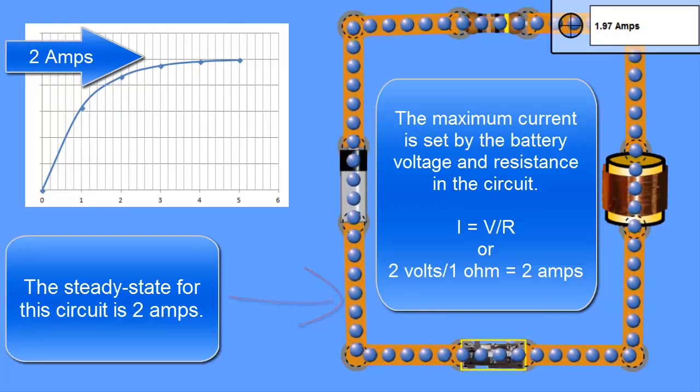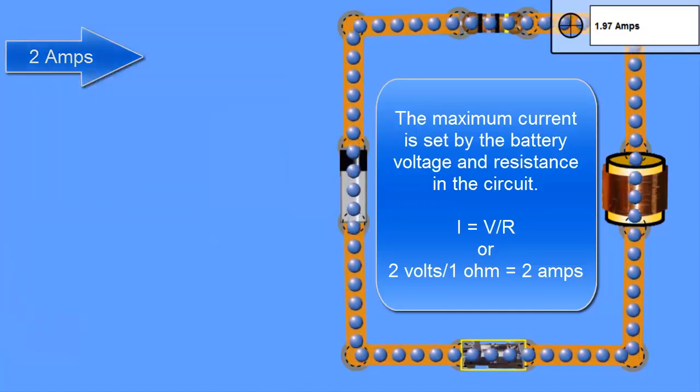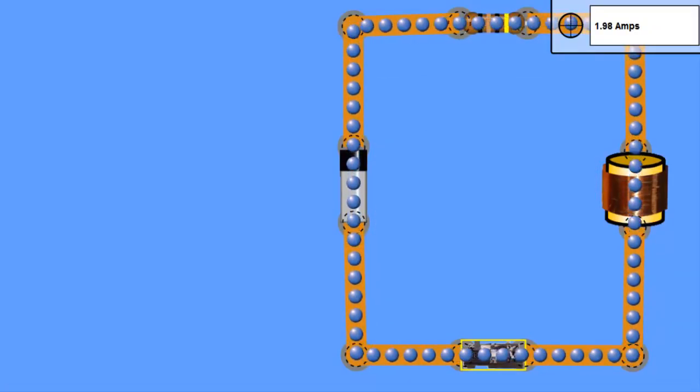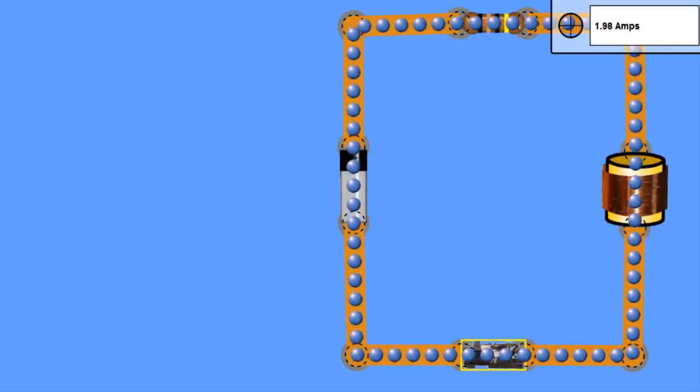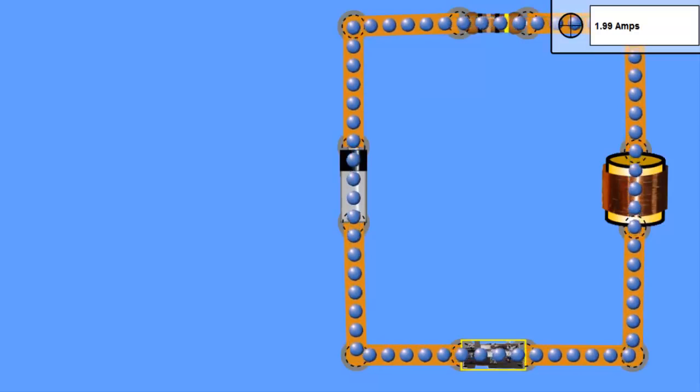So the resistor is doing something in the circuit. It's limiting the current to 2 amps. But apparently the inductor is keeping the circuit from instantaneously getting to 2 amps.